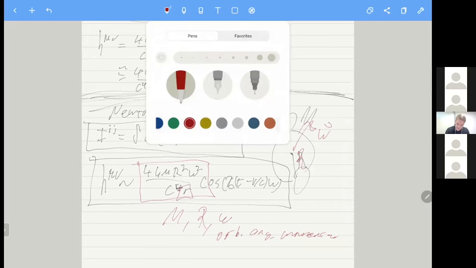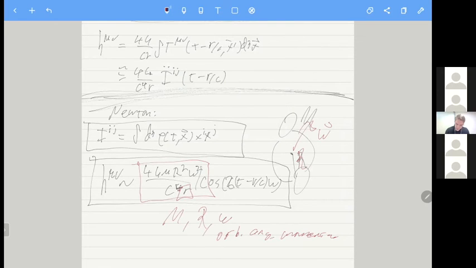And what you can see is that the frequency at which the gravitational wave oscillates here is determined also by the orbital angular momentum. So the gravitational wave frequency from the system is twice the orbital frequency, which I think is quite interesting.